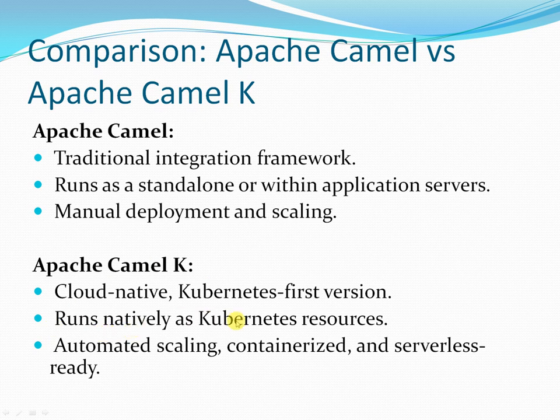It runs natively as a Kubernetes resource, so we can deploy anywhere in the cloud. It supports containerized architecture and is serverless ready, so we can scale the number of pods or resources dynamically.